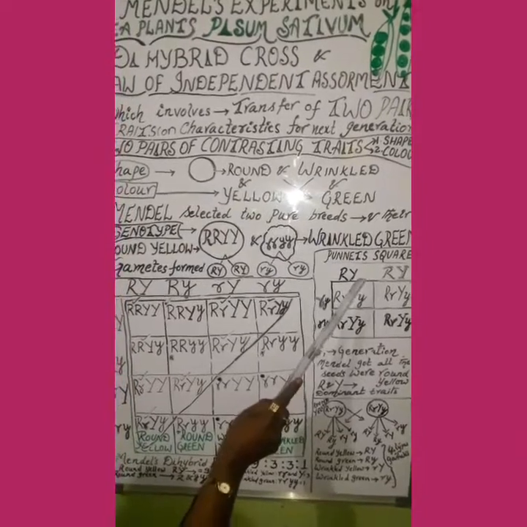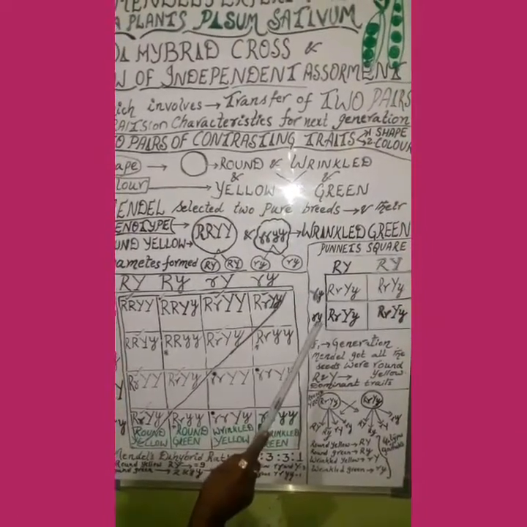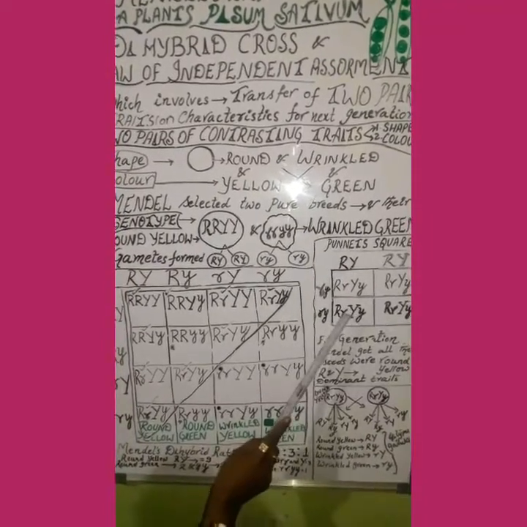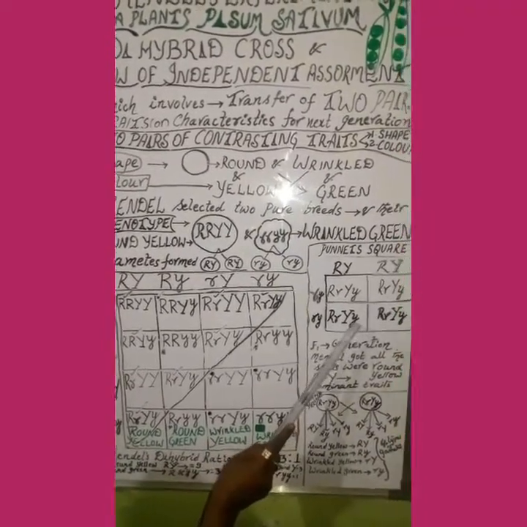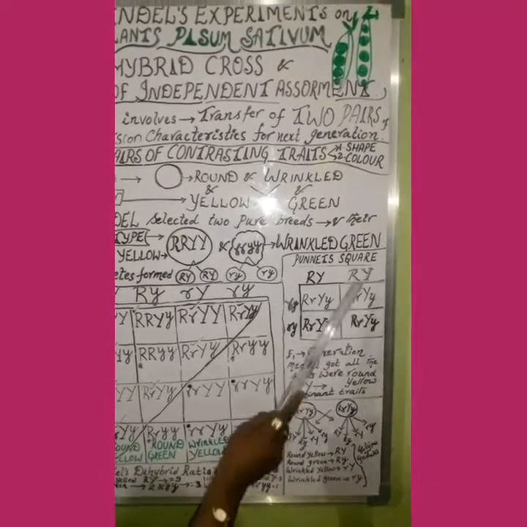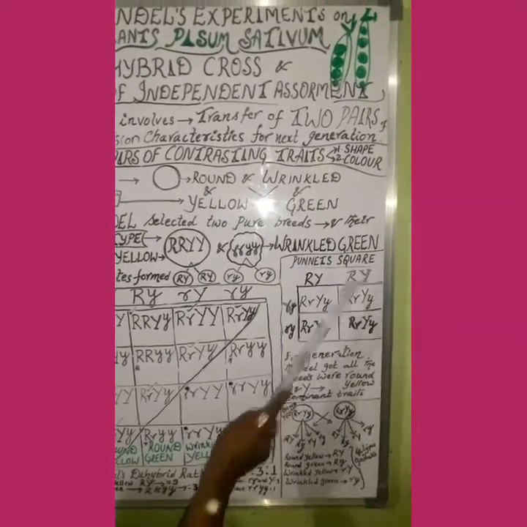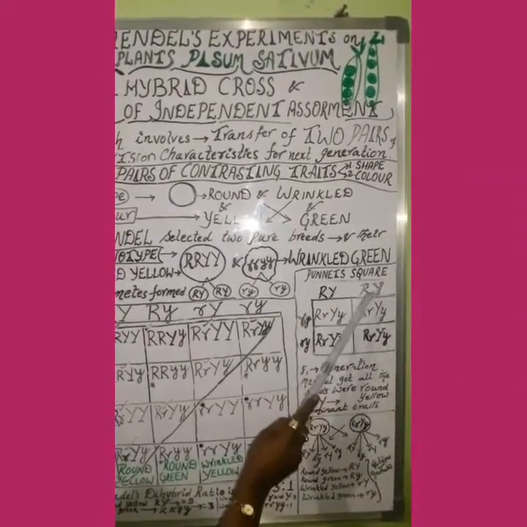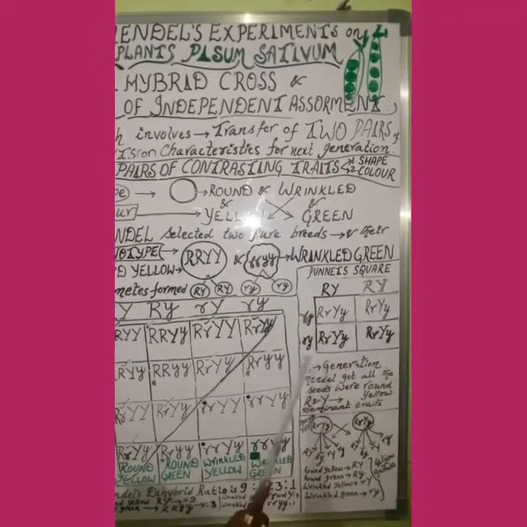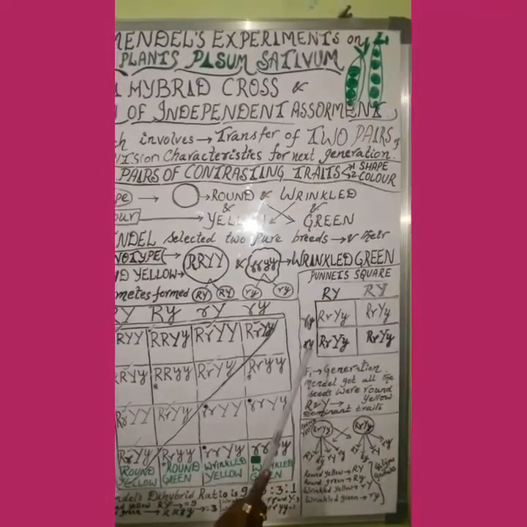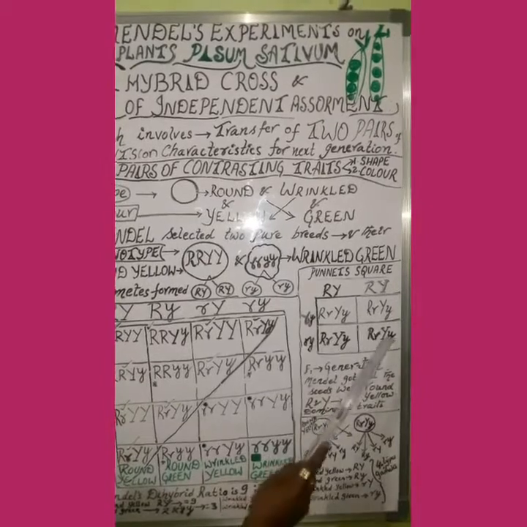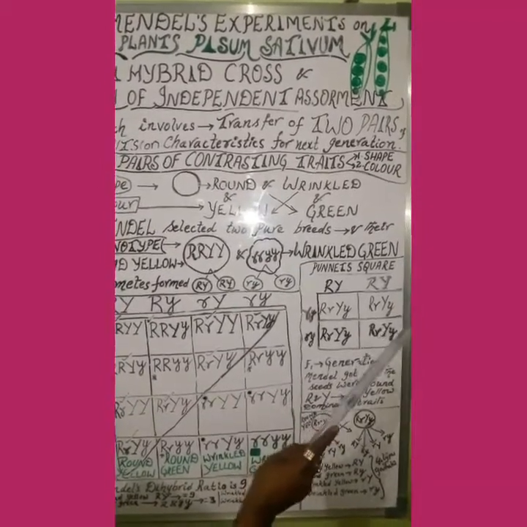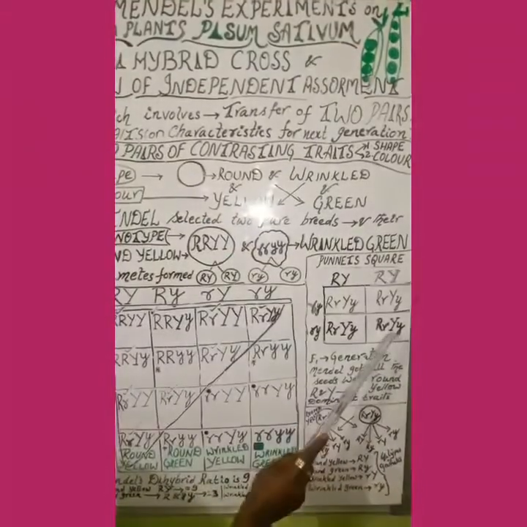Capital R and capital Y fused with small r and small y gives capital R, small r, capital Y and small y in this cell. Then let's fuse these two gametes. Capital R and capital Y fused with small r and small y gives capital R, small r, capital Y and small y in this cell.